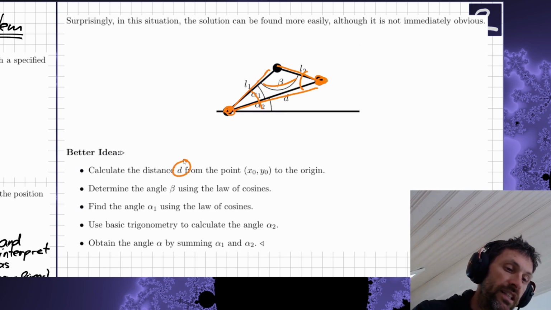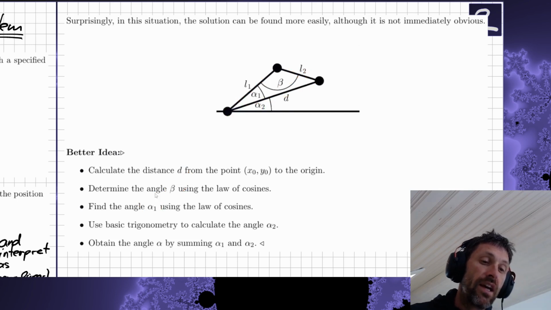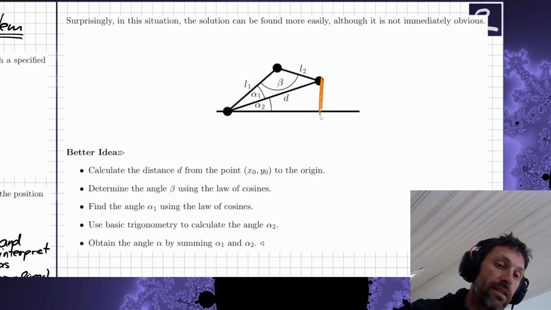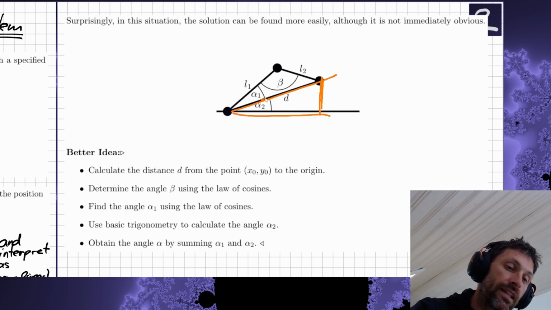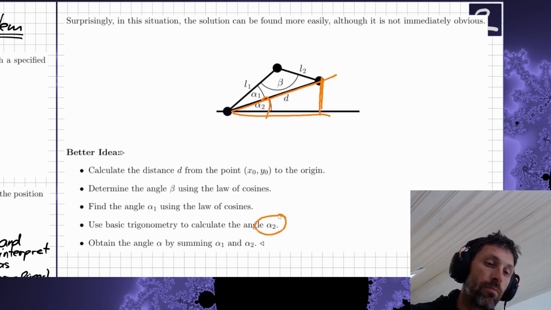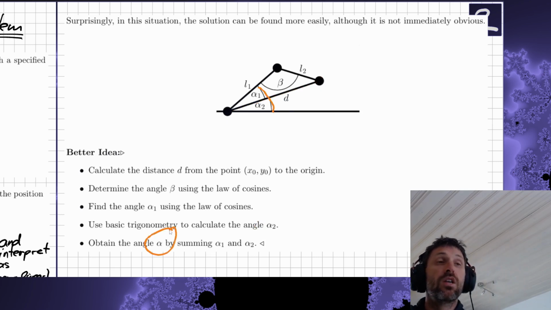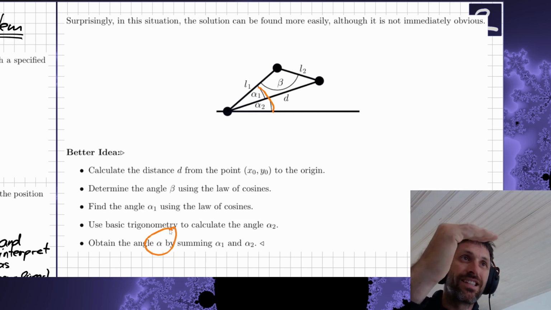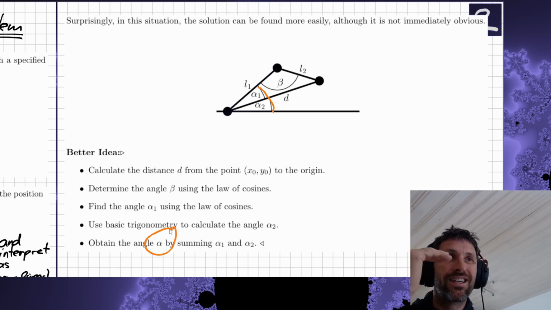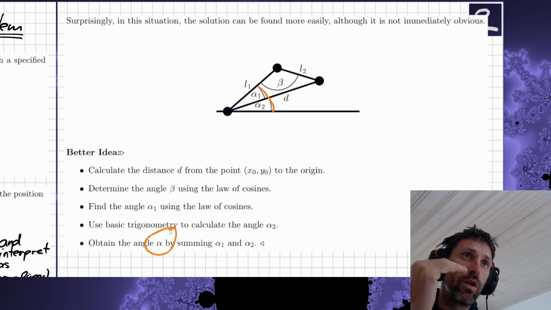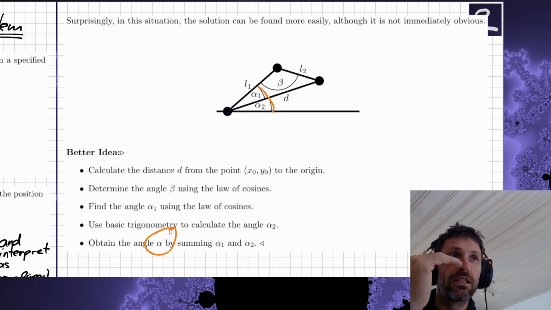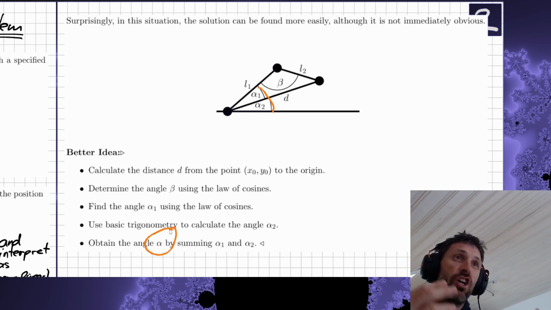So after having d, we can calculate beta, and we can calculate alpha 1. And using basic trigonometry, we can calculate alpha 2 on top, and thus adding these two angles we get alpha. So this is a succession of explicit calculations, and applying that, we will find beta and alpha, and we don't need numerics for this example.